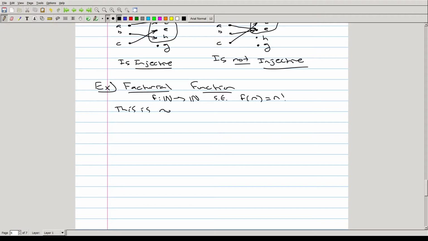This is not injective. And the reason is that 0 factorial is equal to 1 and 1 factorial is equal to 1, right? But 0 is not the same thing as 1.